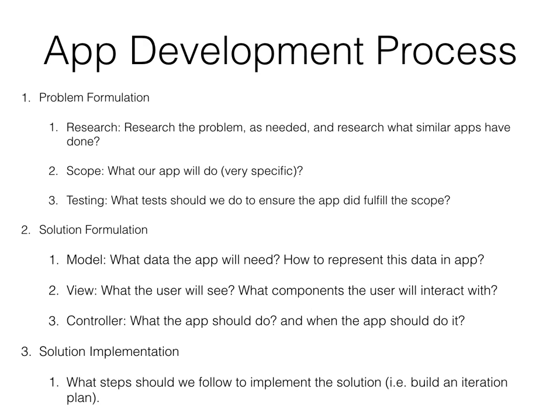Then you move to the solution formulation, and here again are three activities. The first activity is the model, and the second and third are the view and the controller. The model is related to the data: what data the app needs, whether as input or produced as output, or needed in the process of converting the input to the output, and how to represent this data in the app.